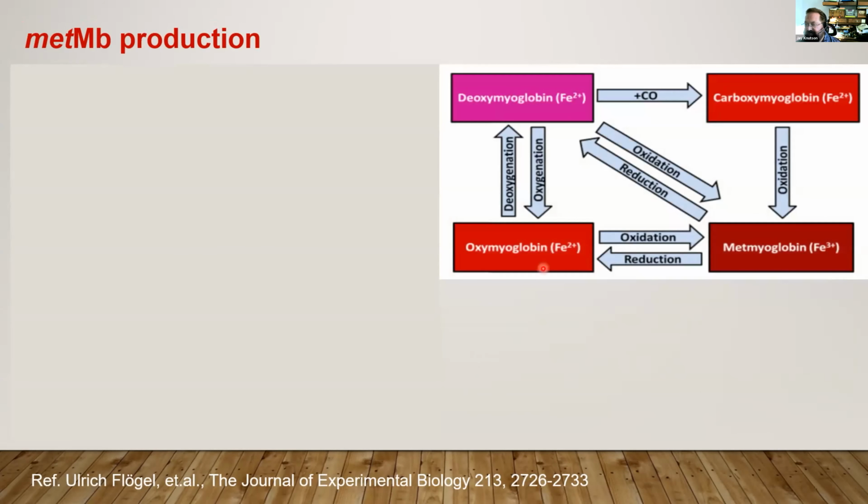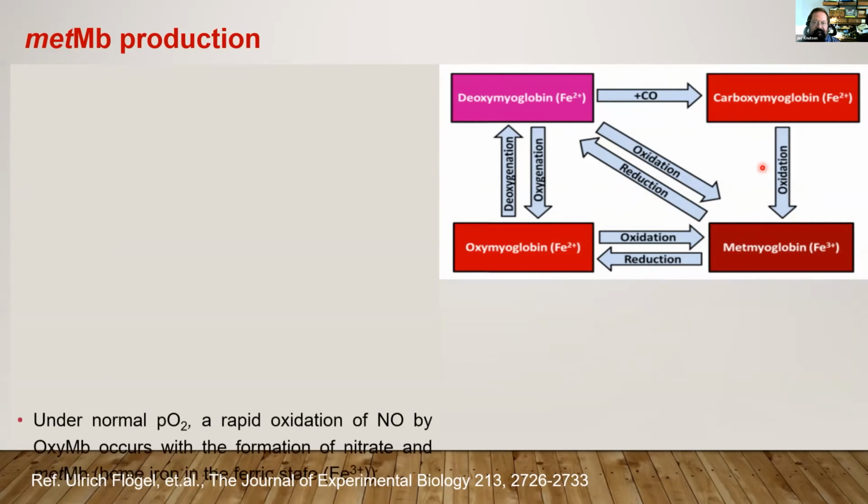And there are various ways that MET is formed. Usually it's just a direct oxidation process from deoxy or from oxy. But there are various ways to go through CO or through NO to get there.